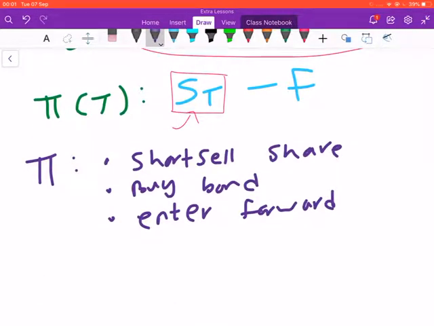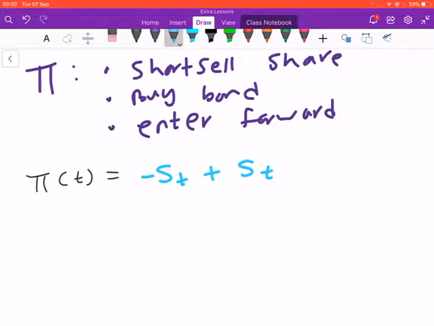At inception, your portfolio is going to be like this. To short sell the asset means that you have ST being negative, and you buy a bond. So this bond would actually cost ST as well, right?